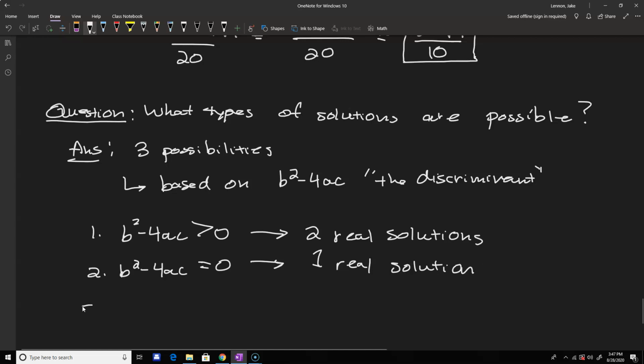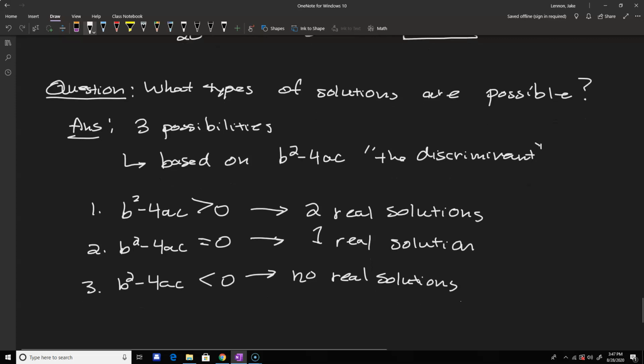And lastly, if b squared minus 4ac is negative, less than 0, we have no real solutions. But if you deal with complex numbers, there are some solutions. There are two imaginary solutions. So we may talk about those a little bit later in the semester.